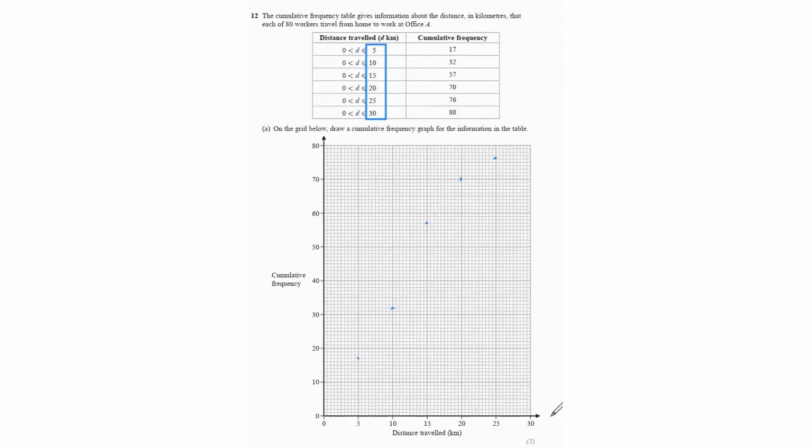And when D is 30, Y is 80. So now starting from 0, we're going to connect all the points. This is our cumulative frequency graph.